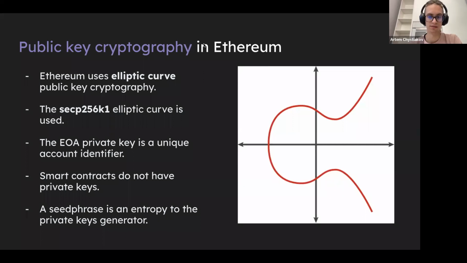Your wallet stores a private key, usually in an encrypted form. For example, if you are using MetaMask, once you set up this wallet, it asks you to set a password as well. And it uses your password to encrypt the private key so it doesn't leak anywhere.